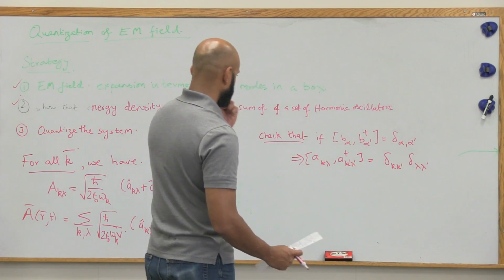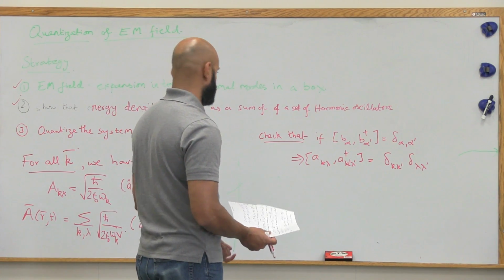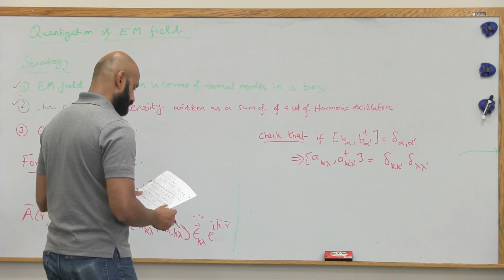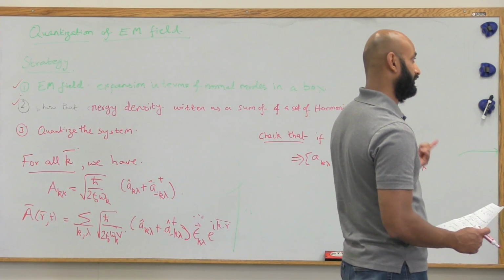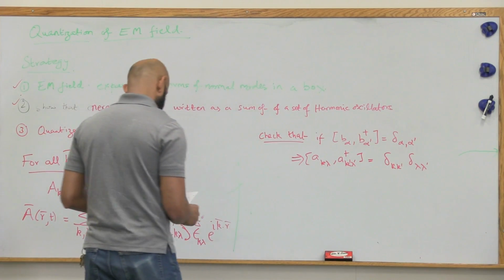Okay. So these also satisfy the same commutation relations as the harmonic oscillator, because although they have that complicated form, they're just a unitary transformation of these b's. So that makes sense.